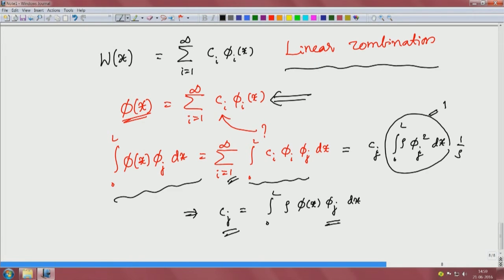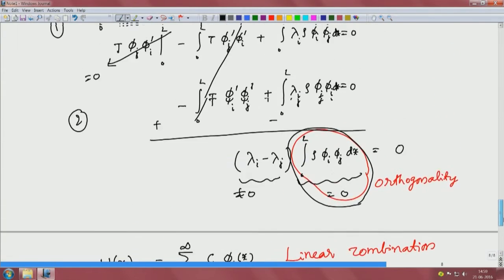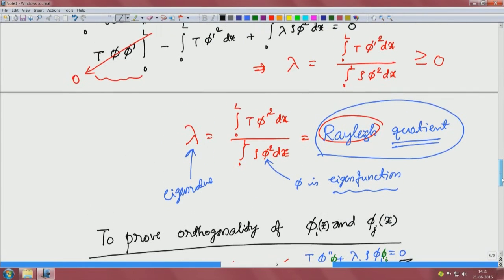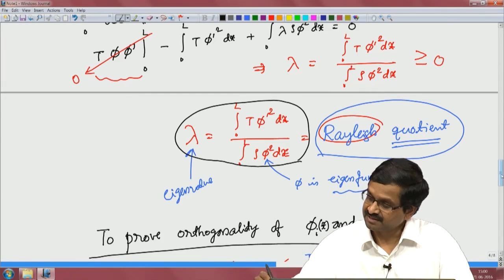Okay. So there are a lot of nice things about eigenvalue problems, but let us come back to the Rayleigh quotient concept that we had discussed. This lambda has this particular ratio. This one has even more significance, because as we already said, even when the phi is approximate, lambda comes very close, with an interesting property.